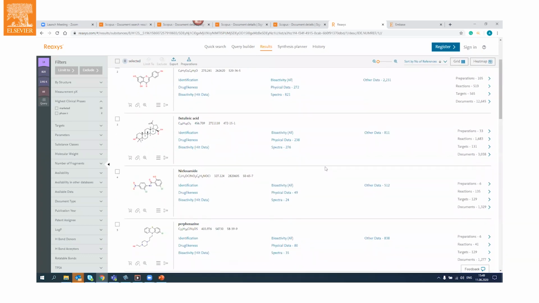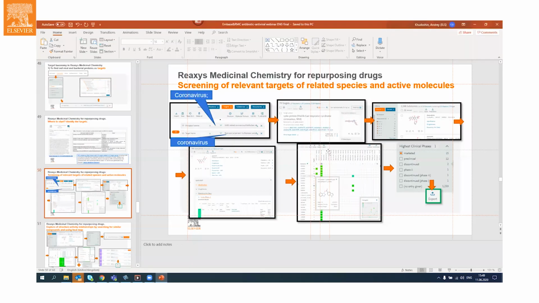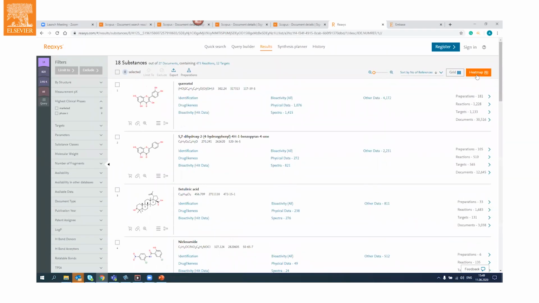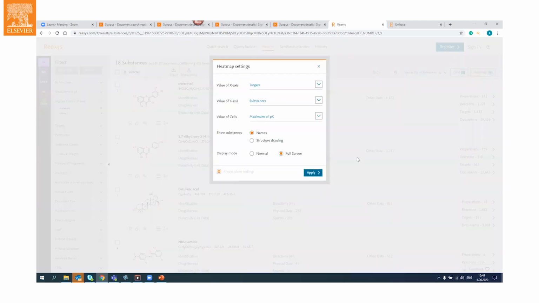So this is how you can leverage experimental data for generating ideas for drug repurposing. What else is interesting there, and what you need to know, is this heat map. With this heat map, you can put into one sheet all bioactivity and all substances.